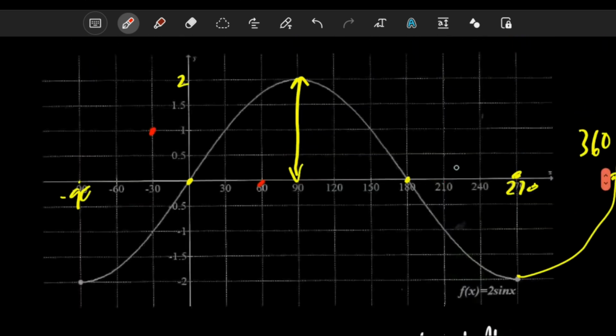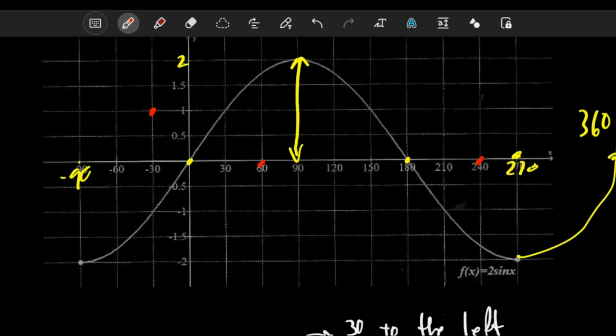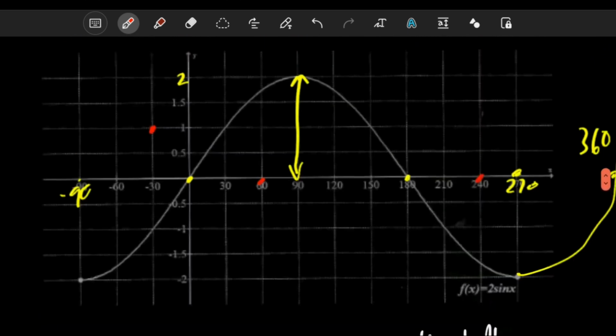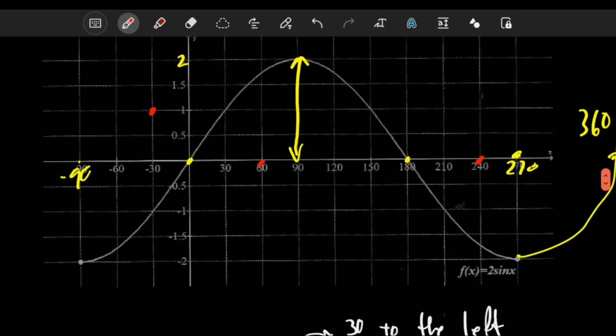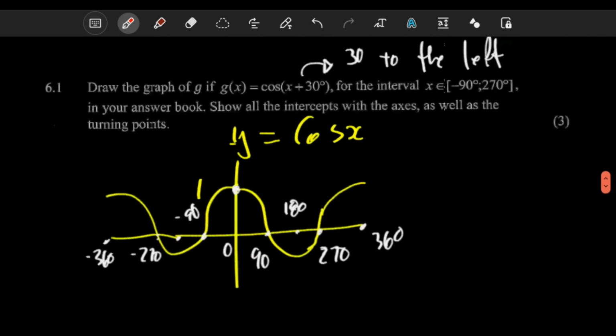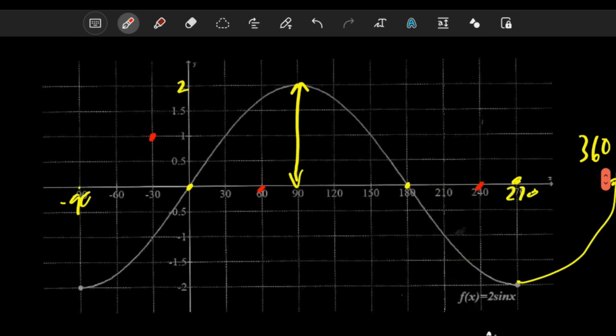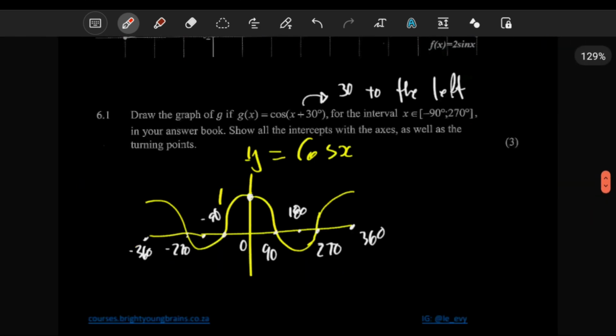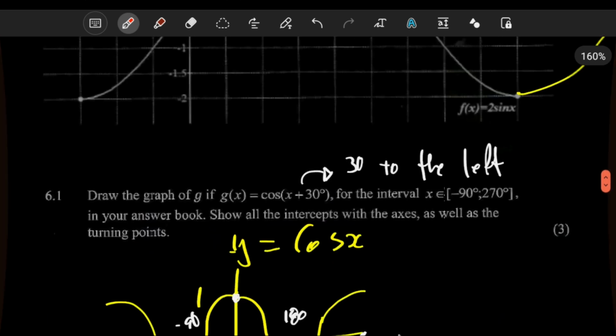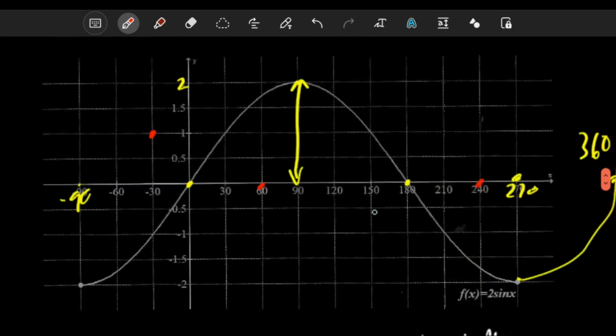So where's 240? It's going to be all over there. Nice. And what's going to happen at 270? At 270 it's going to be a curve going up. Obviously the turning point is at 180, so this one is going to be at 150, specifically down here at 150.